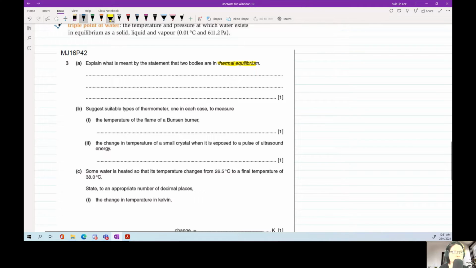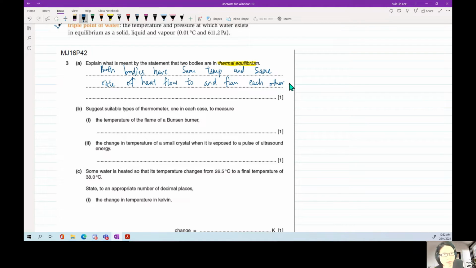So both bodies have the same temperature and the same rate of heat flow to and from each other. It doesn't mean there's no heat flow, but the amount of heat flow is the same per unit time.